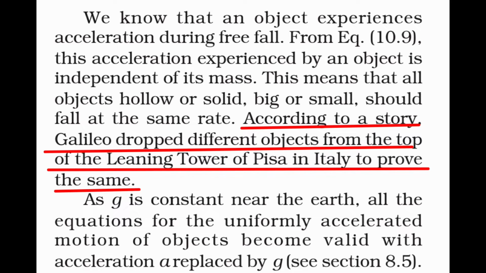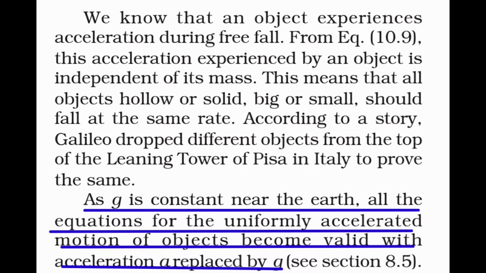According to a story, Galileo dropped different objects from the top of Leaning Tower of Pisa in Italy to prove the same. As g is constant near the Earth, all the equations for the uniformly accelerated motion of the object become valid with the acceleration a replaced by g.